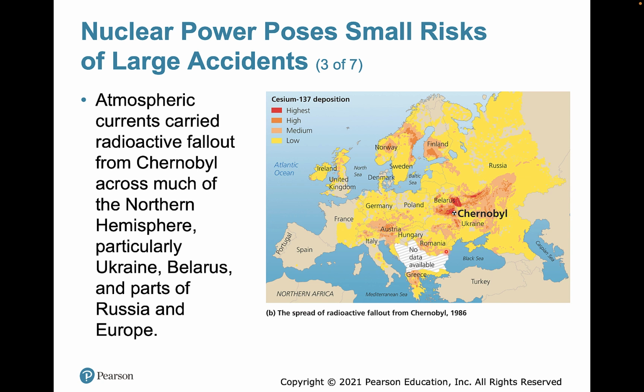So fallout from Chernobyl carried really strongly across the northern hemisphere, in Belarus and into Russia, through areas of the Ukraine. They knew something was up because at a nuclear power plant in Finland, people would go through the Geiger counters, like a scanner, to see their levels of radiation before and after they were in the nuclear power plant.